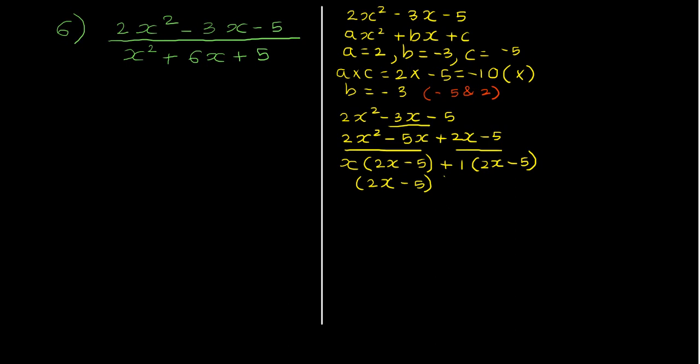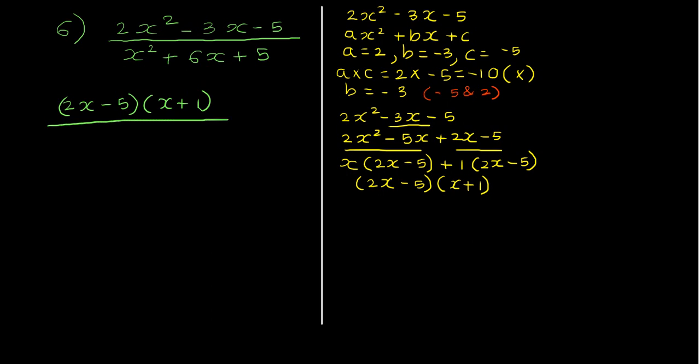That's my numerator factorized. So I would make a quick note of my numerator as 2x minus 5 times x plus 1. All of it is going to be divided by, and what are we going to divide by?